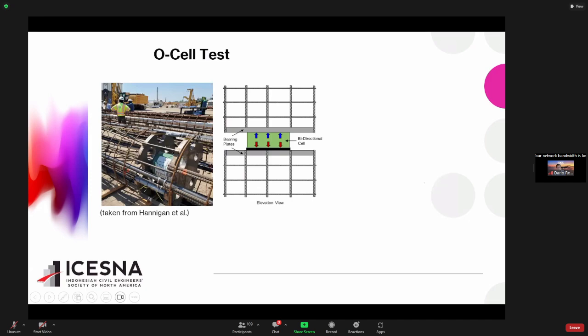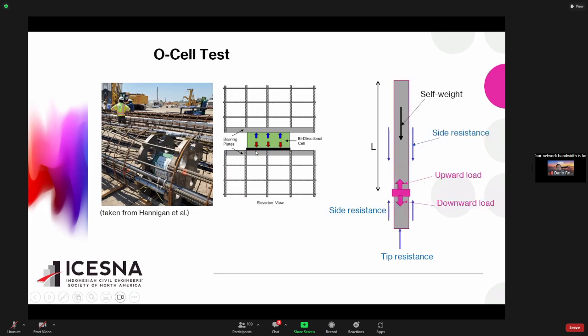You put the cell somewhere in the middle, so this is the top pile, this is the bottom pile, and this is the load cell. The pressure going upward will be resisted by the weight of the pile and the side resistance, and the pressure going down will be resisted by the tip resistance and the side resistance.